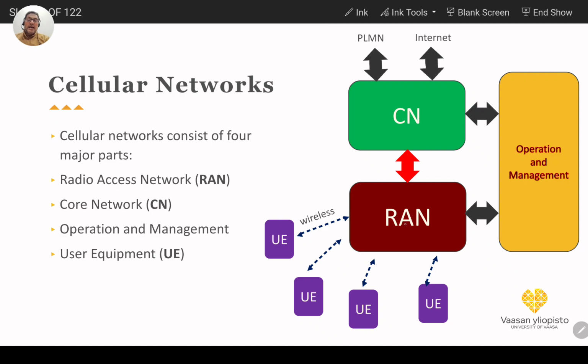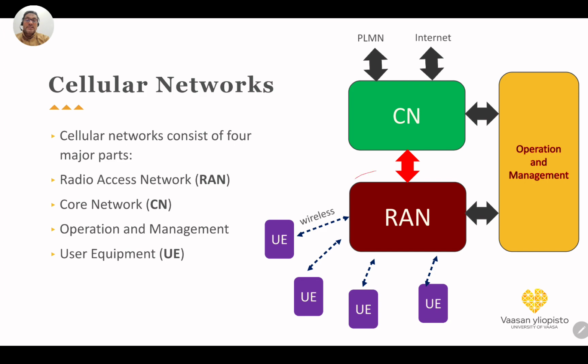The first is the radio access network, which works as the hub of the mobile network. The radio access network has the responsibility to connect user equipment, which means simply mobile phones or modems or whatever, through wireless channels.